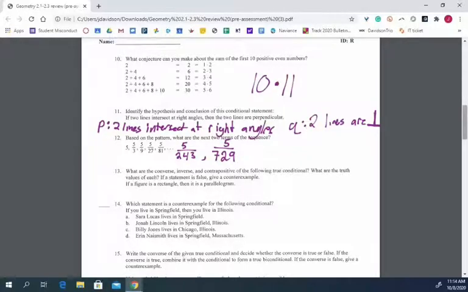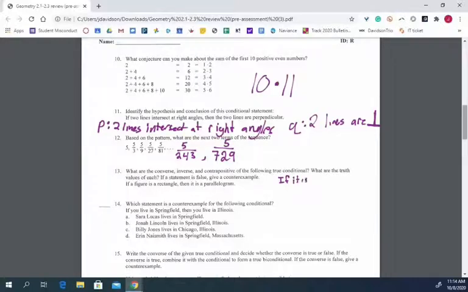Okay, 13, we have to write 3 different sentences and determine the truth value for each. Okay, write its converse. What's converse mean? Converse means reverse.